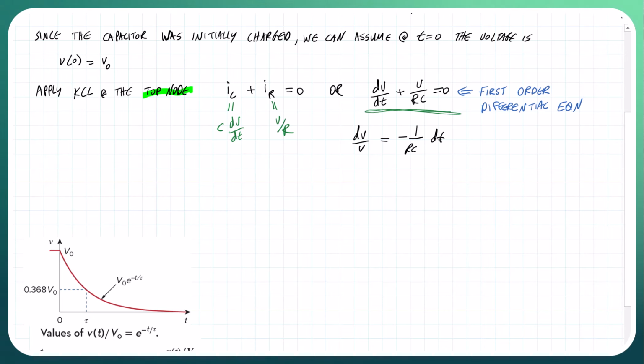So put the V's on one side, and then we can integrate both sides. Integrating this side and this side, we get natural log of V is equal to minus t over RC plus natural log of A, where the natural log of A is an integration constant.